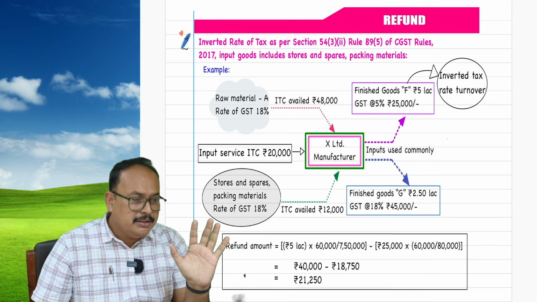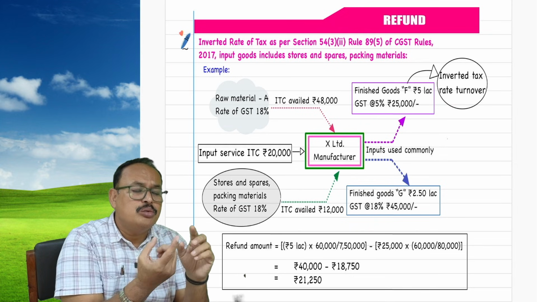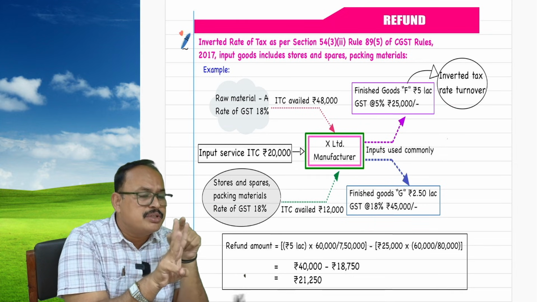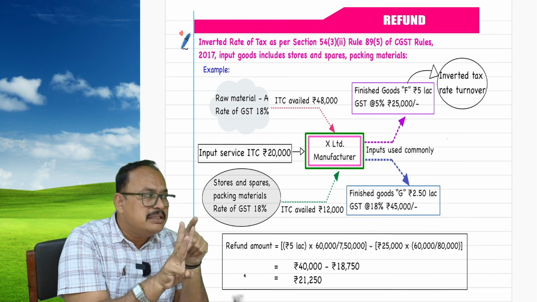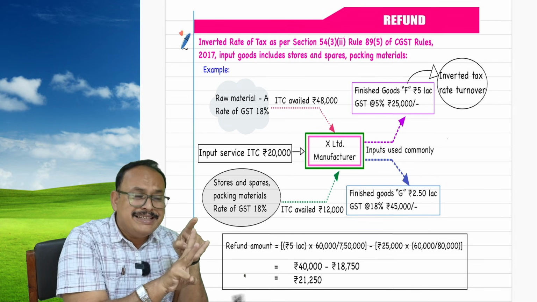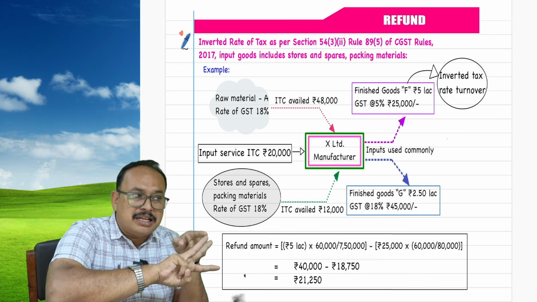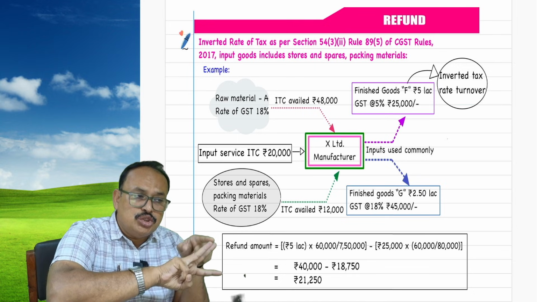Is that clear? Now, from the given story, you have 3 elements of inputs. 18% in raw material A, where the GST you paid is rupees 48,000. Input services, tax paid thereon 20,000, as input credit. Stores and consumables, 18% GST, GST paid thereon is 12,000.